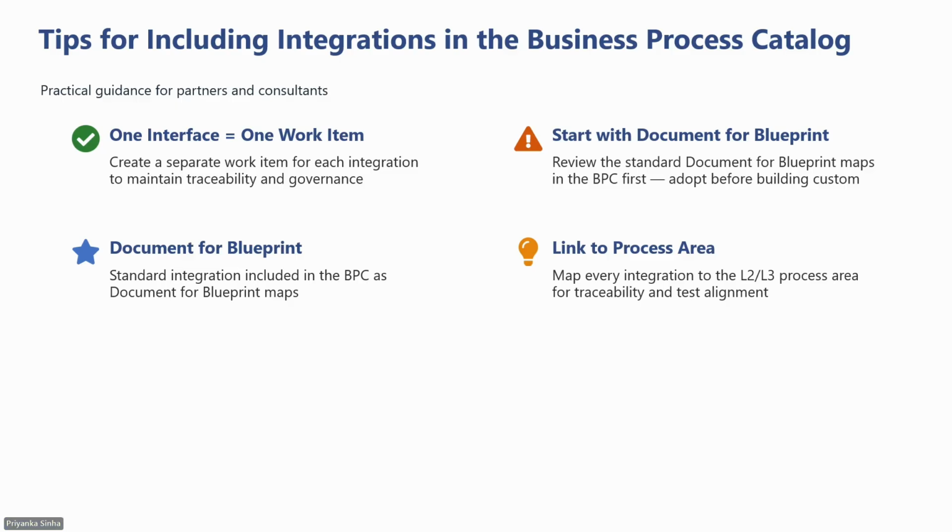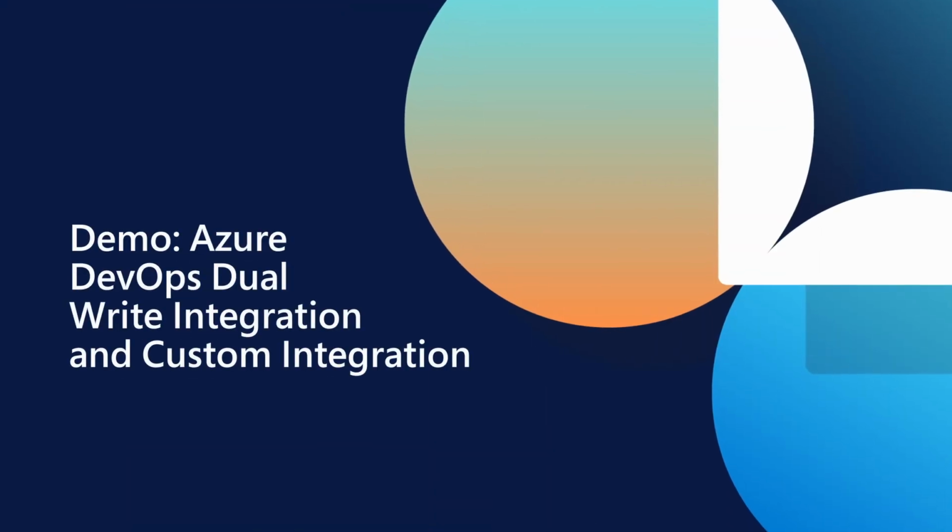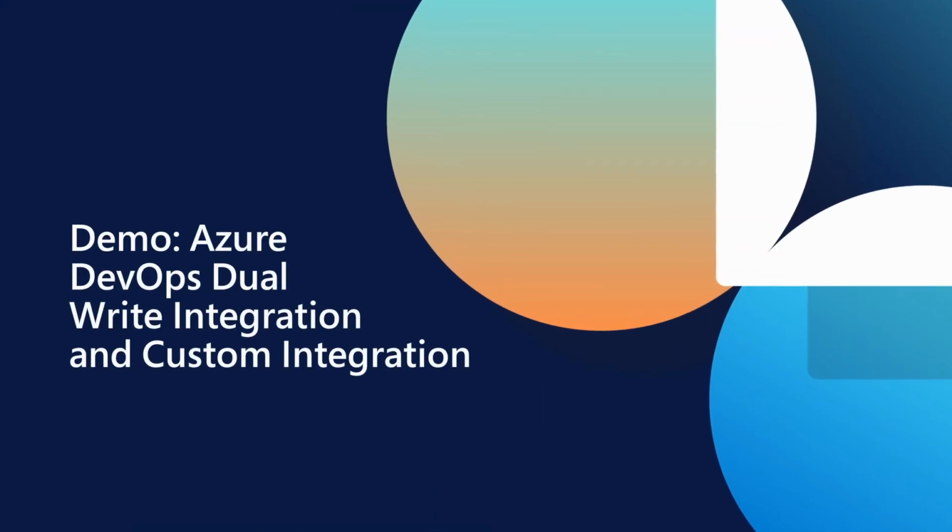So let's see this in action. I have a pre-recorded demo that will walk you through exactly how to do what we have discussed in Azure DevOps. Basically, in this demo, we are going to show two scenarios.